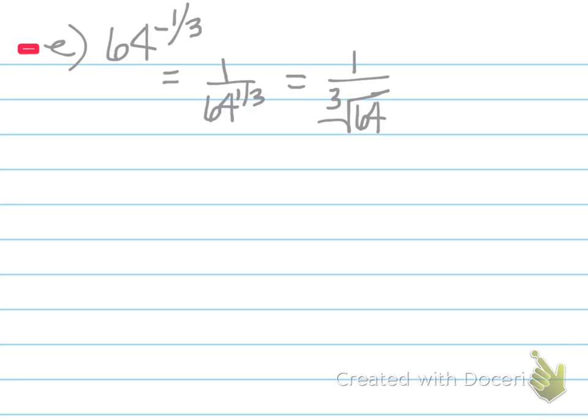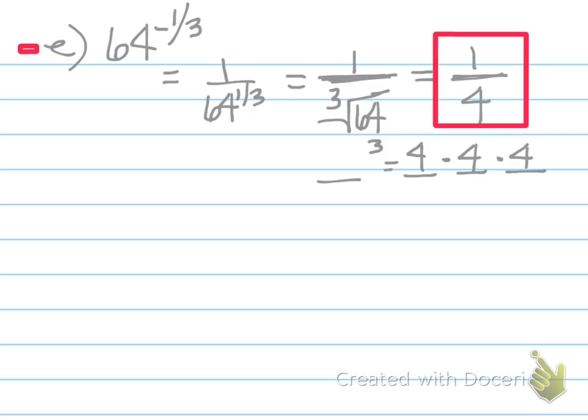Now the cube root of 64 means what number to the third power equals 64, or what number times itself 3 times is 64. And the answer that we fill in the blanks there is 4. 4 times 4 times 4 is 64. So the cube root of 64 is 4, and because it's written in the denominator, our solution is 1/4.